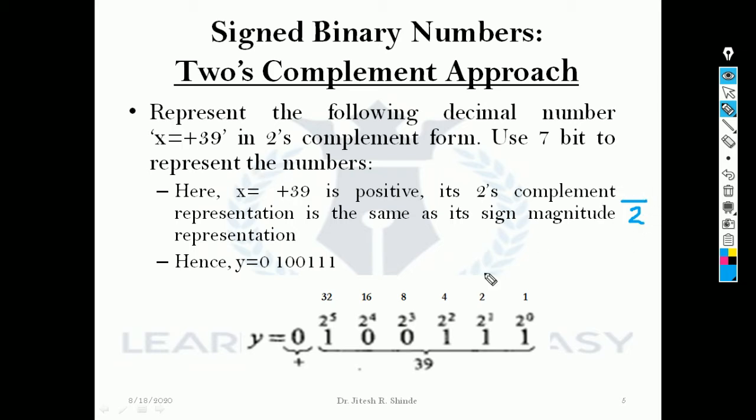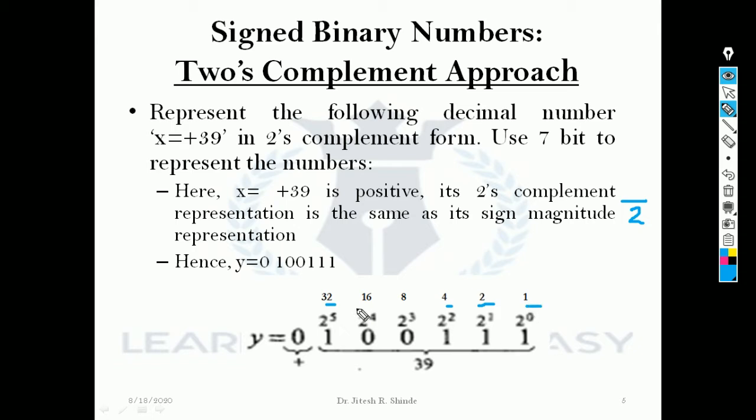Now here I am using the binary code weights 32 16 8 4 2 1. I am tracking which combination of digits gives 39. 32 plus 4 plus 2 plus 1 gives 39.